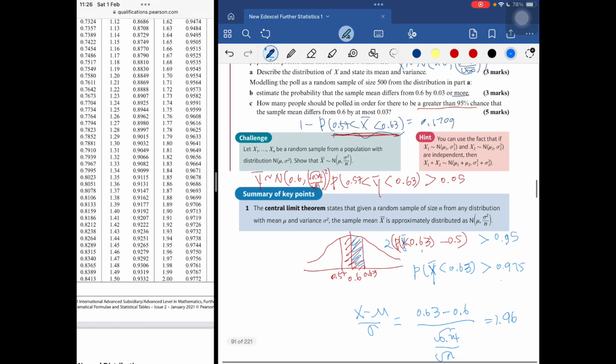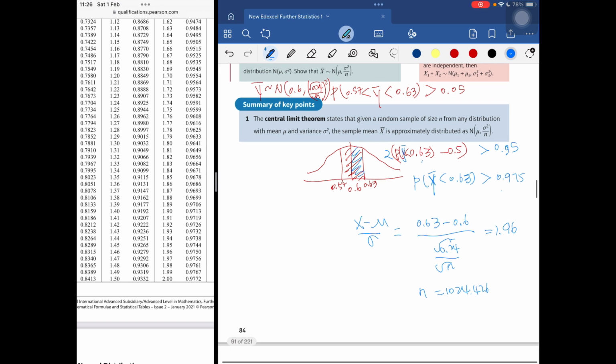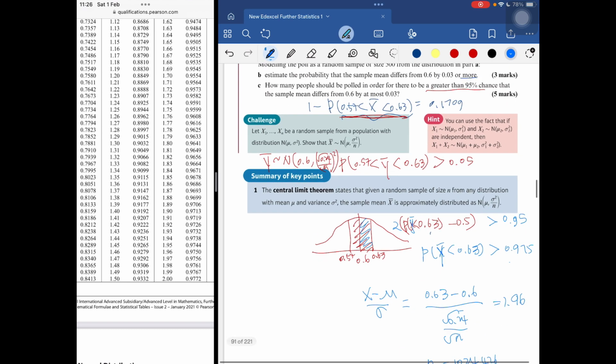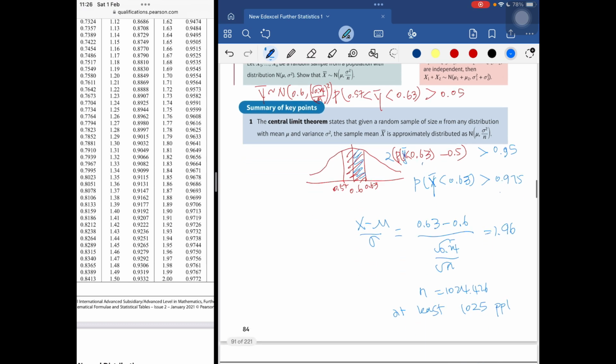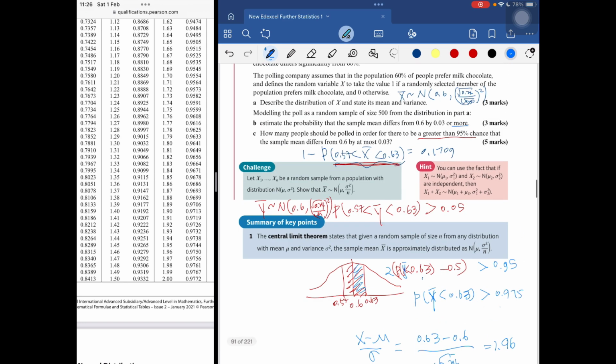So here we need the minimum number of people, so at least 1025 people. Do we call it people? Yes, people should be polled, in order for there to be a greater than 95% chance, and so on.